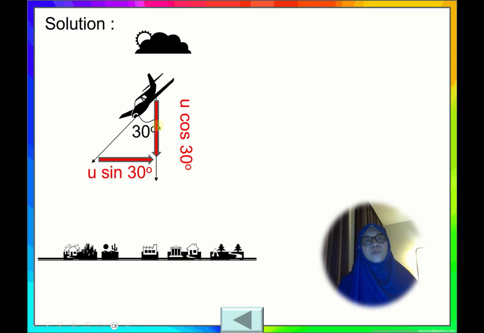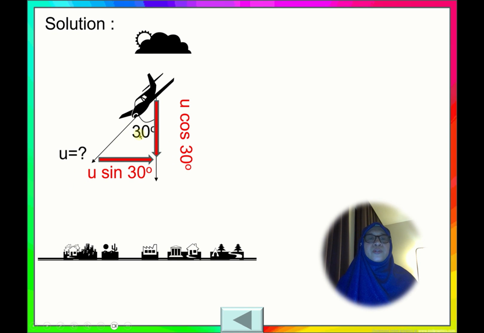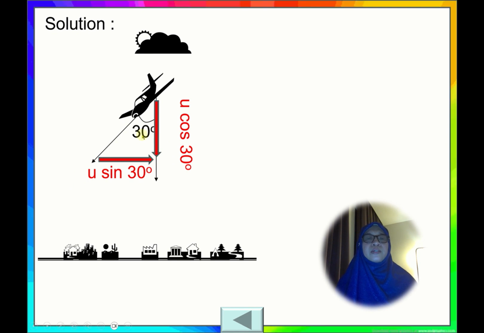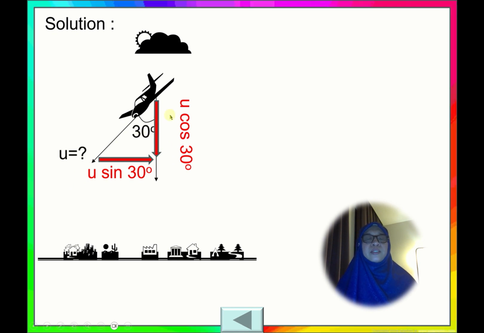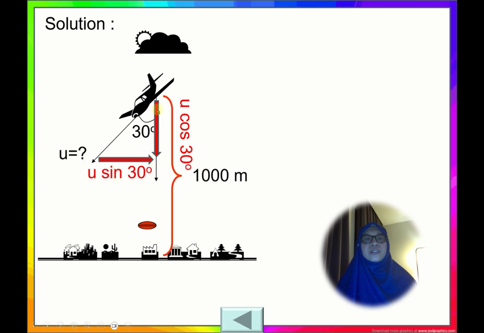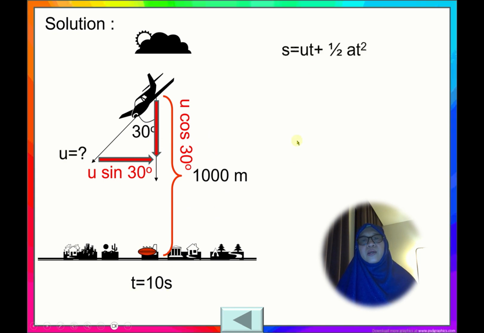It depends where the angle given is. From the 30 degrees here, use the trigonometric ratio. So we get here u cos 30 degrees and here u sin 30 degrees. The distance is 1000 meter and the time taken is 10 seconds to reach the ground. So we can use s equals ut plus half at squared to find the u.